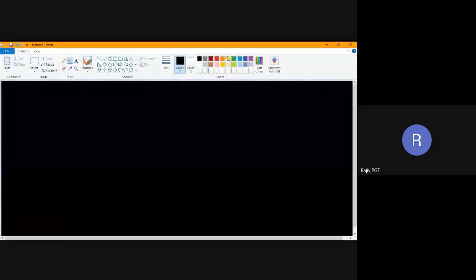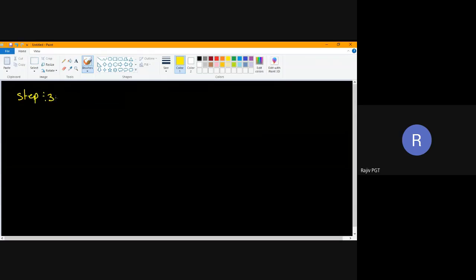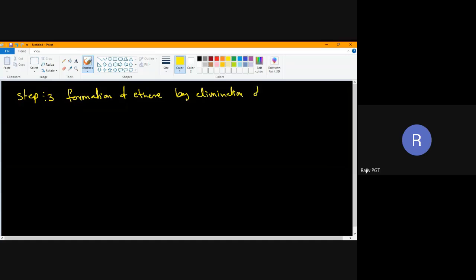Step 3 is called formation of ethene by elimination of proton. What is this? I will explain.